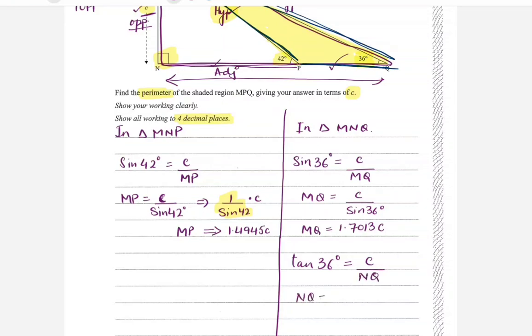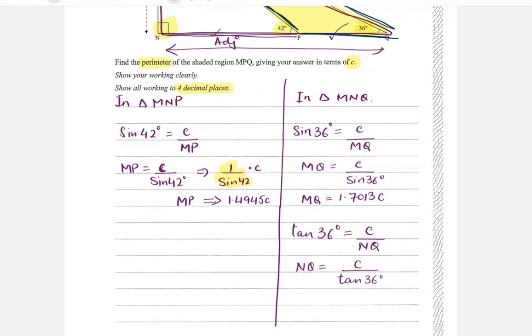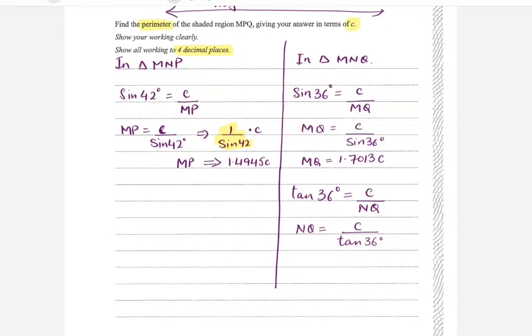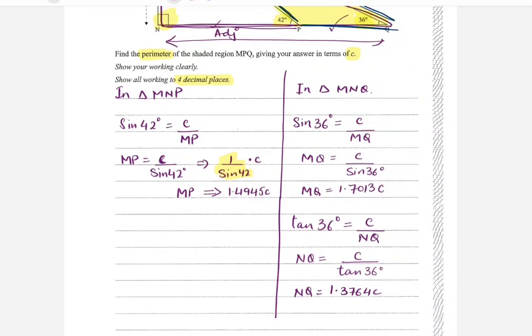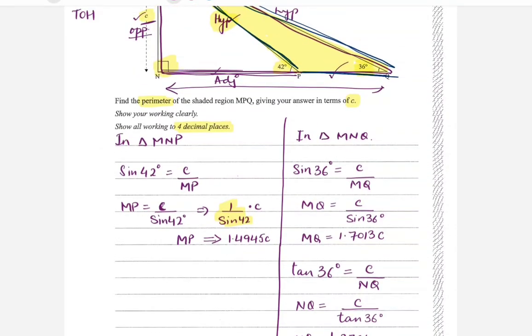So NQ is equal to C over tan 36 degrees. And that, again 1 over tan 36, so NQ will be equal to, if you put that into the calculator, it will give you 1.3764 C.